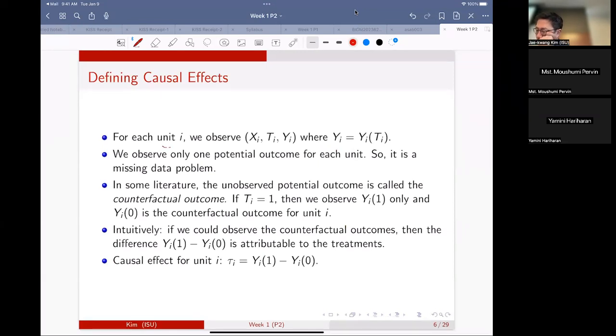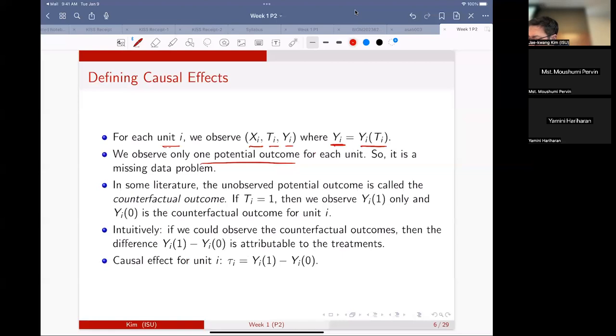So for each unit i in the sample, we observe xi and ti and yi, where yi is yi(ti). So the fundamental problem is that we observe only one potential outcome for each unit. So it is fundamentally a missing data problem in some sense, right? We always observe one among the two, so that means the other one is missing.